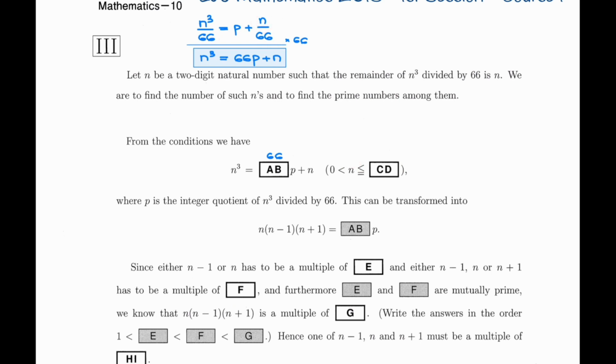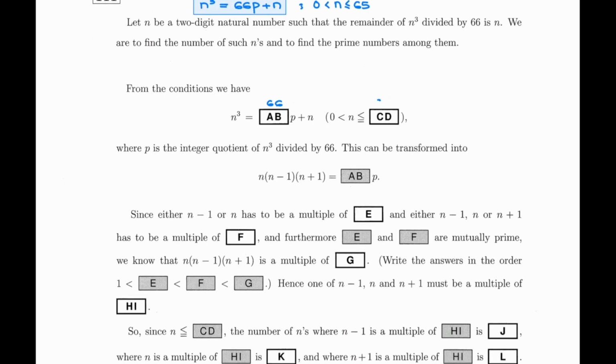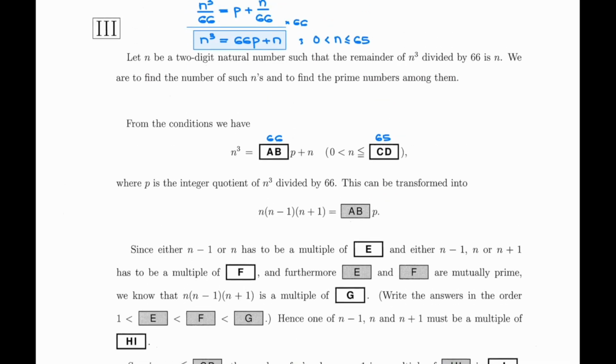That means n must be greater than 0 but less than or equal to 65. Because if n is 66, we do not have any remainder, since 66 over 66 is equal to 1. So CD here is 65: 0 less than n less than or equal to 65. This is my answer for CD.